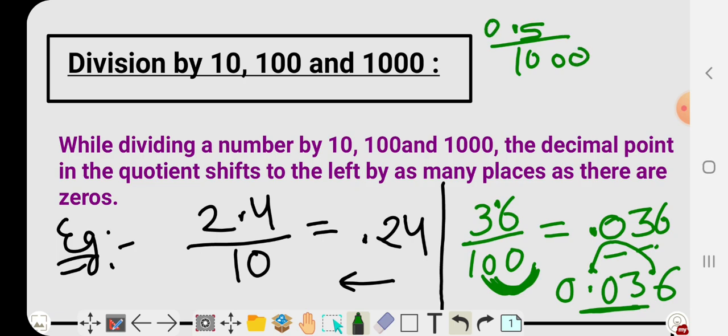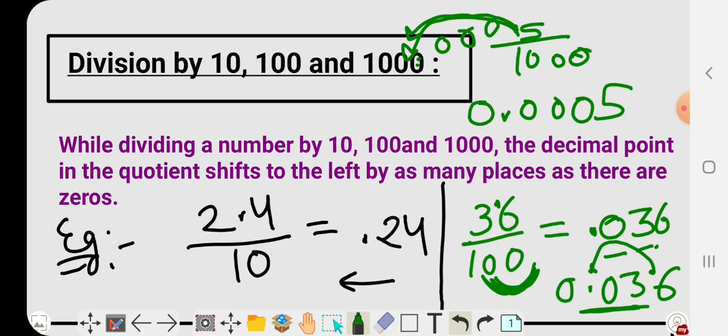See, this is here, this will move toward the left side, but there is no number, so we will put 0, 0, 0. So it shifted here, and after the decimal there will be 0.0005. You can write 0 here, or if you do not write 0 before the decimal, it will still be considered as 0.